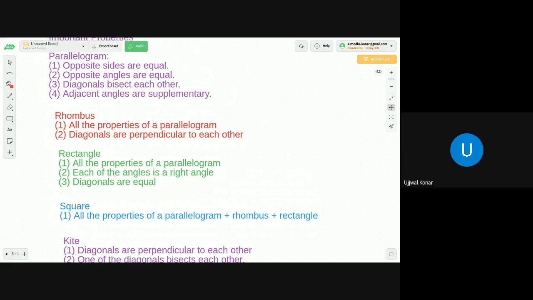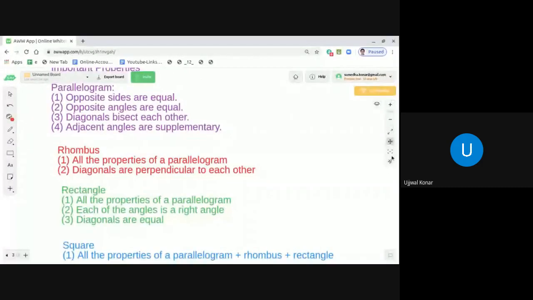If you add the properties of parallelogram, rhombus, and rectangle, you will get the properties of a square. And finally, it is coming to kite. In a kite the diagonals are perpendicular to each other. That is the first property. And the second property is that one of the diagonals bisects the other. So dear students, I hope you get a very clear idea about all these different types of parallelogram except kite. Kite is not a parallelogram.